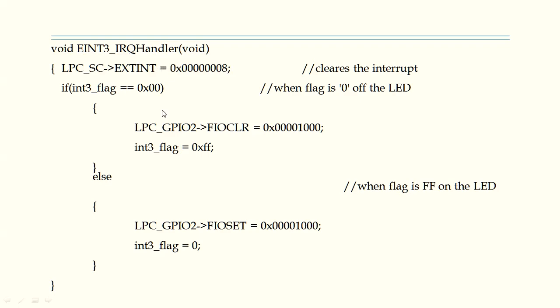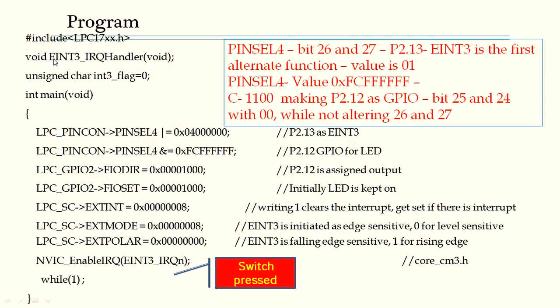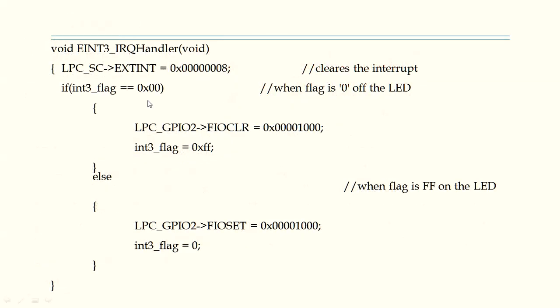So as you saw in the main program, we have called this function, and this is the function for the interrupt service routine. What are we doing in this interrupt service routine? The problem statement says that the switch is pressed, LED is on, switch is released, the LED is off. So you're clearing off all the interrupts so that there is no other interrupt within this ISR.